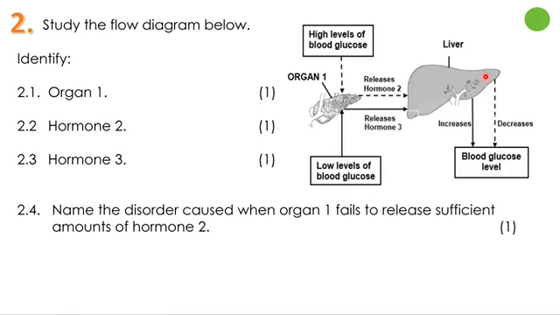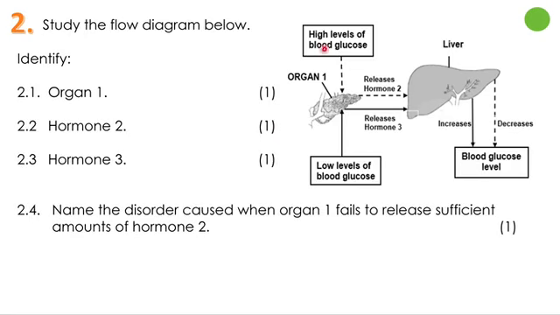So the first thing that is your responsibility is to be able to identify with what negative feedback mechanism I am working. If I see the butterfly, I know that it's thyroxine and TSH. If I see the liver, I know it's glucagon and insulin. If I see the kidney, I know that it's most probably ADH or aldosterone. So that way I can identify with what negative feedback mechanism I am busy with, okay?